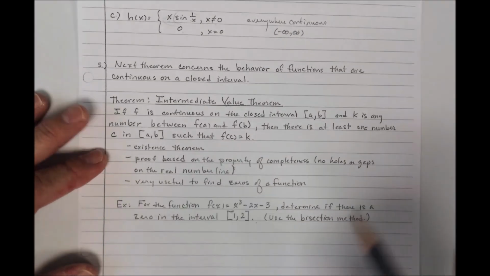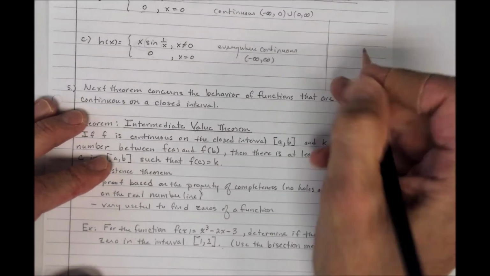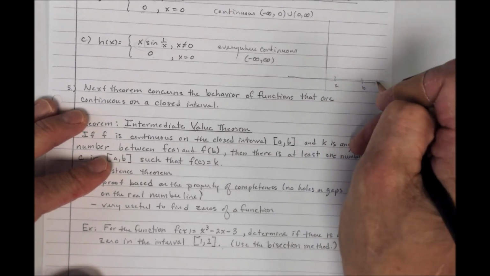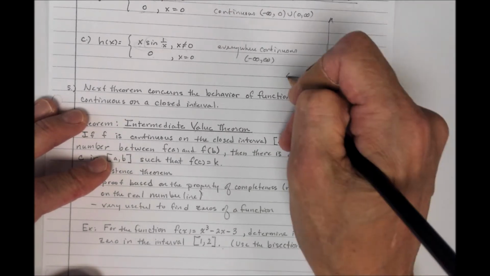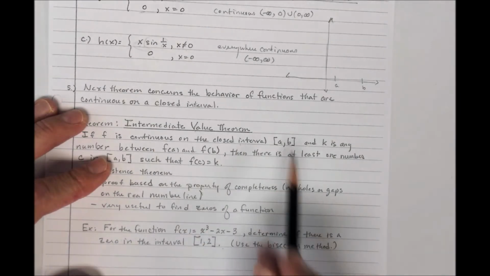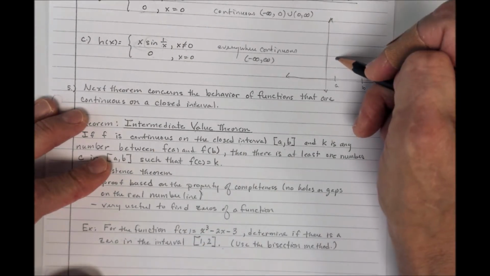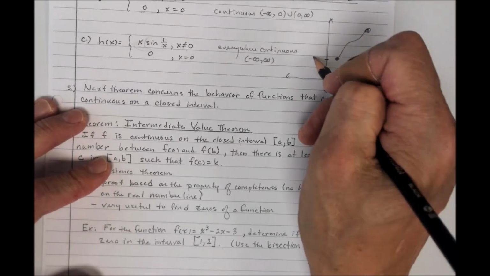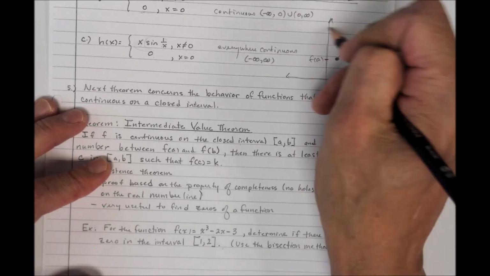Okay, so time to draw a graph here. Arbitrary here, just putting most of this in the first quadrant just for convenience. So it's continuous on the closed interval from a to b. So maybe it goes something like this. So this is f of a, and up here this is f of b.